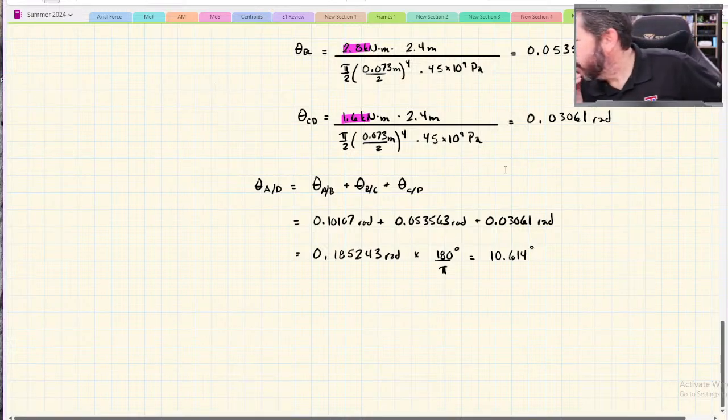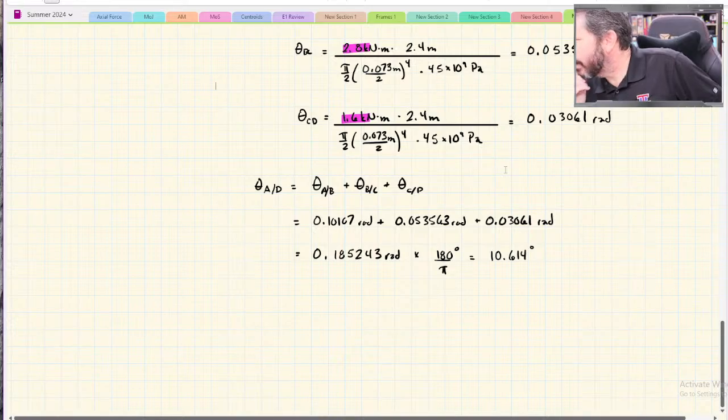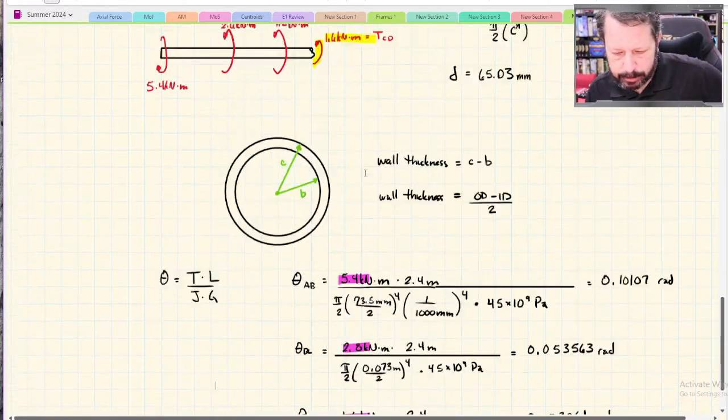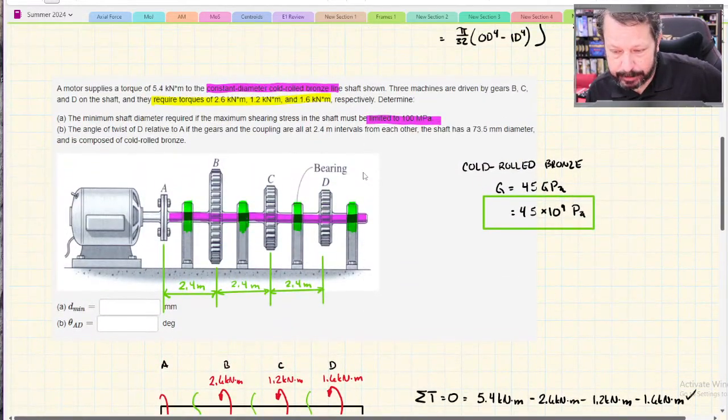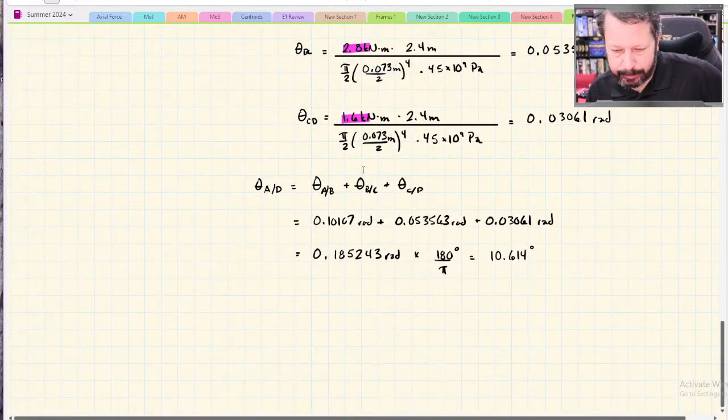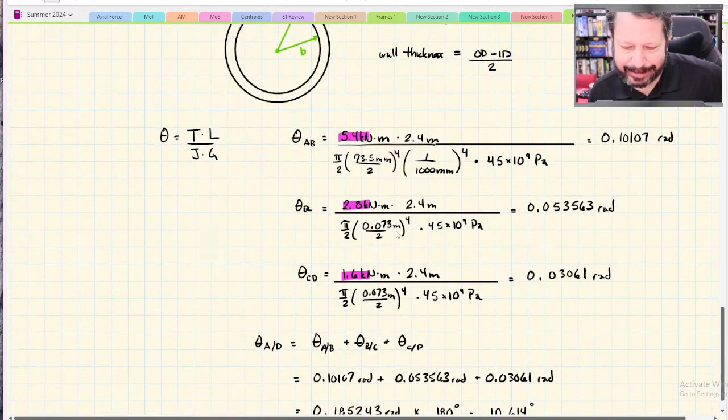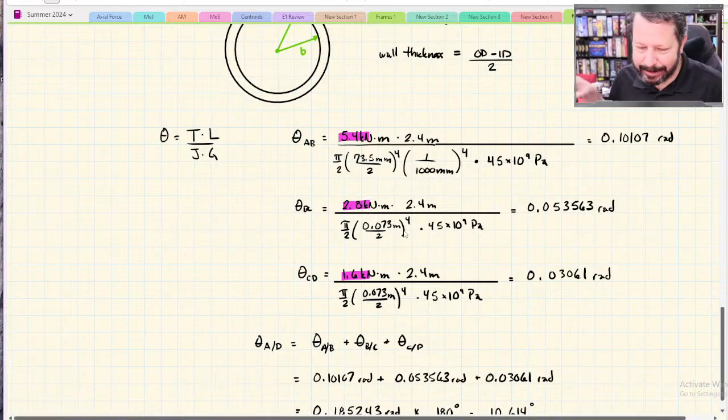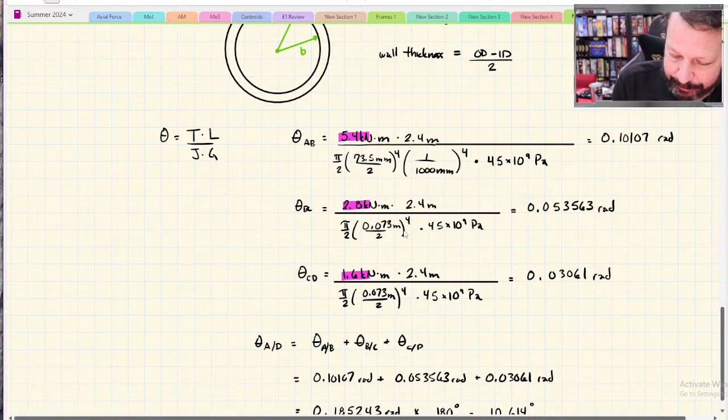Okay, let's see. Oh, I rounded the diameter? Whoops. I might have. 73.5. Oh, I did. That's probably what it is. I didn't mean to do that, and I didn't round the right way. Oh, because I converted it. It's not 0.5 anymore.